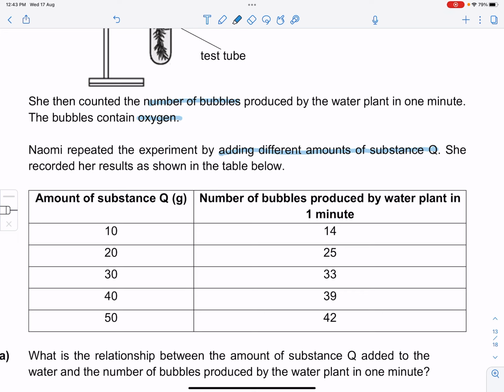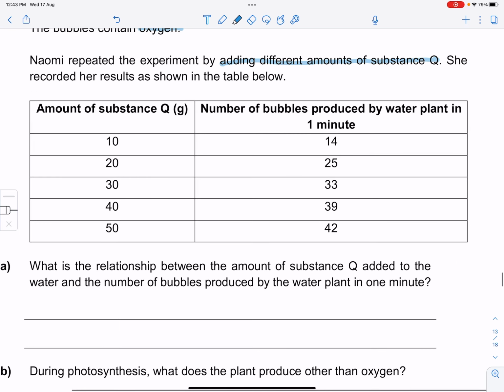For example, you may give a lot of carbon dioxide, but if you don't give enough water, or you don't have enough light, or you don't have enough leaves, which stands for your chloroplast, it's just going to be stagnant. That's it. So what is happening?